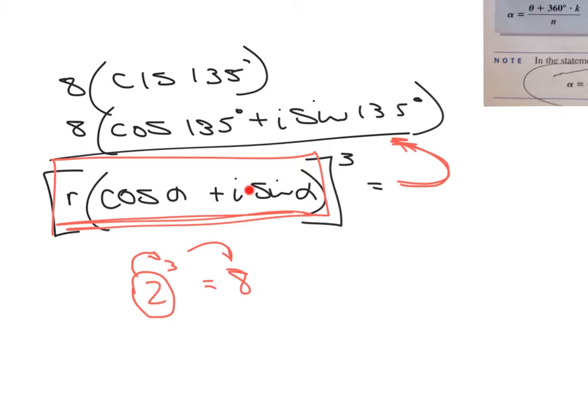I kind of feel like I'm being confusing here, so let's say it again. What we're looking for is what number times itself 3 times is going to give me this. I'm giving you this, and I'm looking for what number cubed is this. So I'm taking the cubed root of this, and the cubed root of 8 is 2. When I do that, I get 2.